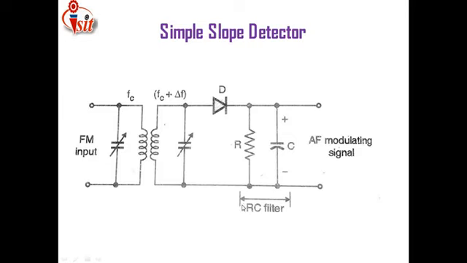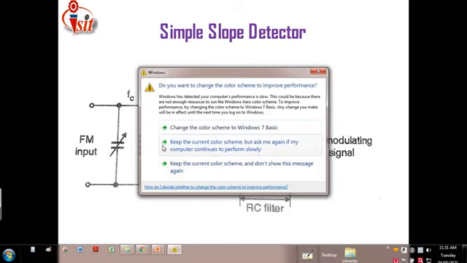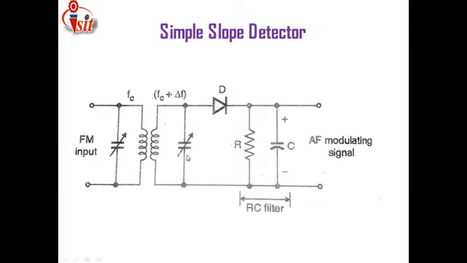Here an RC filter is also used, similar to your envelope detector. For the selection of the RC filter, the RC time constant is always greater than the time constant related to the carrier frequency, and always less than the time constant related to the modulating frequency.